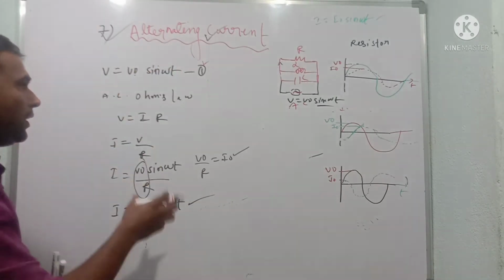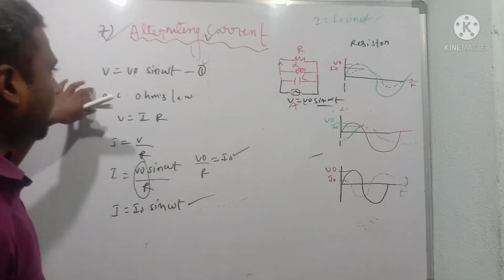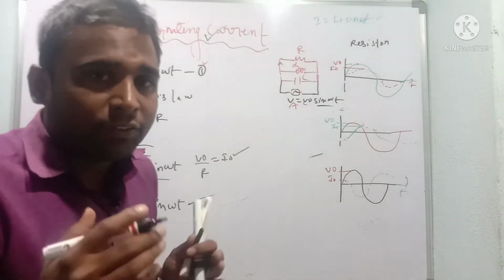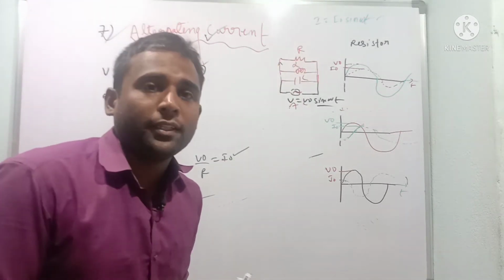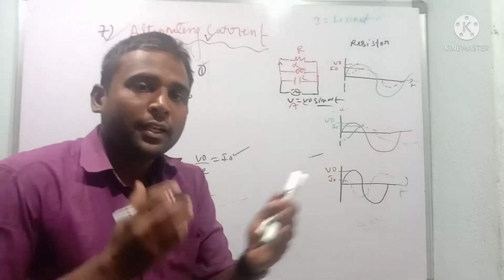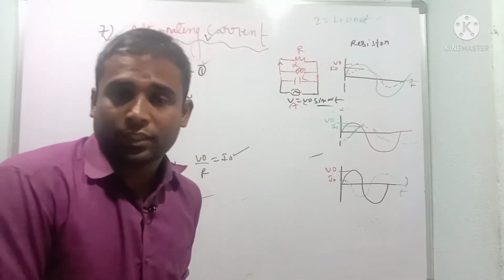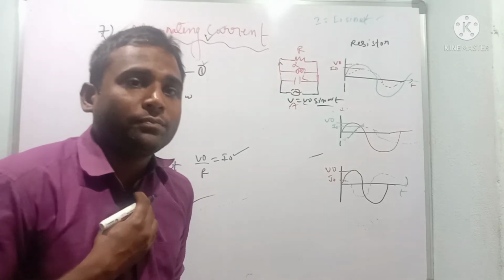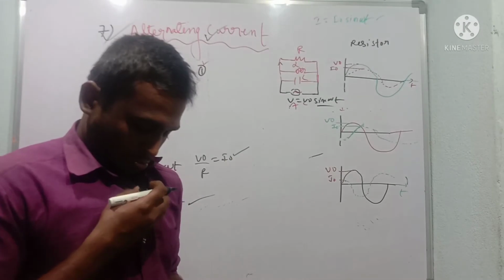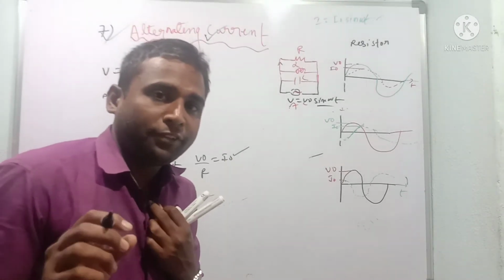So by using this relation, we can see that here it is a resistor. In the case of a resistor, when we pass voltage, it is free from induction effect. Then what happens here? There is no phase difference.